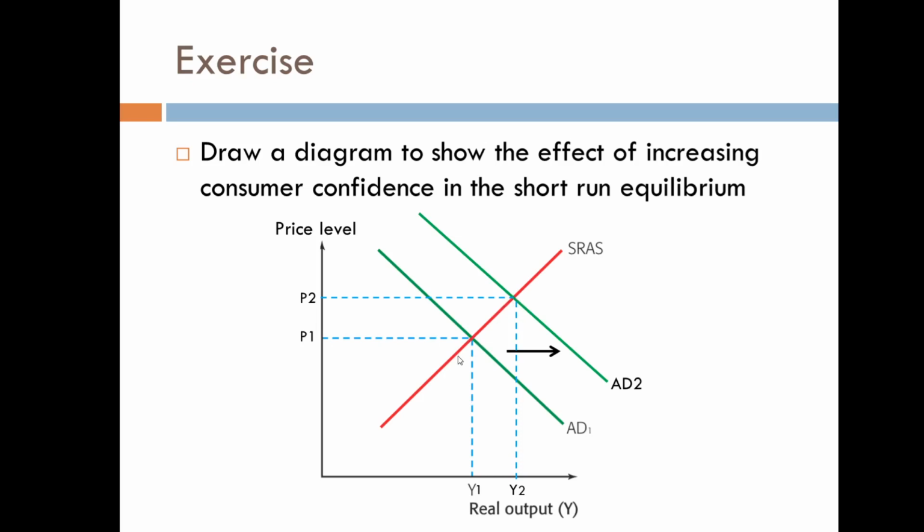The short run equilibrium has been changed because there is increasing consumer confidence. When consumer confidence increases, C will increase. One of the components of AD will increase, which will shift the AD curve to AD2 from AD1.